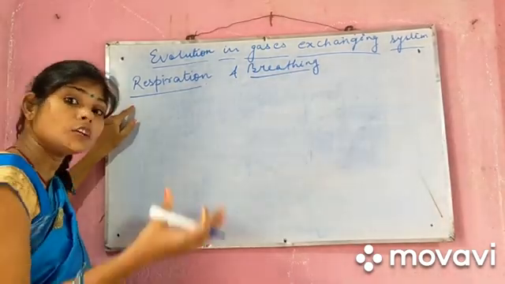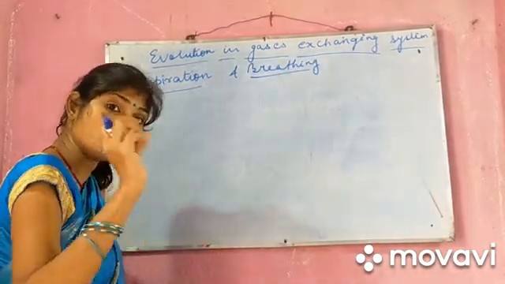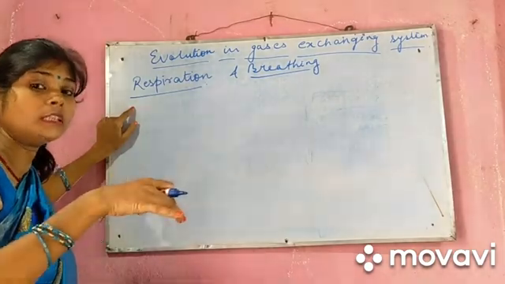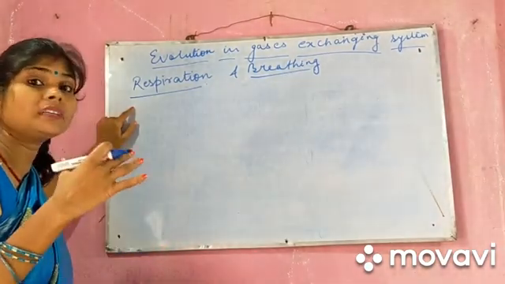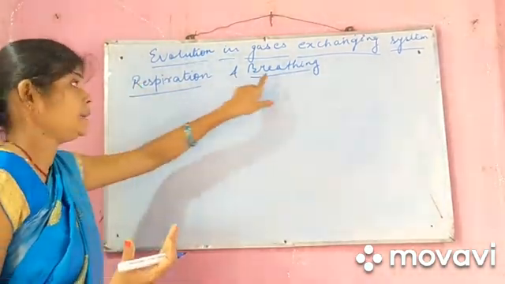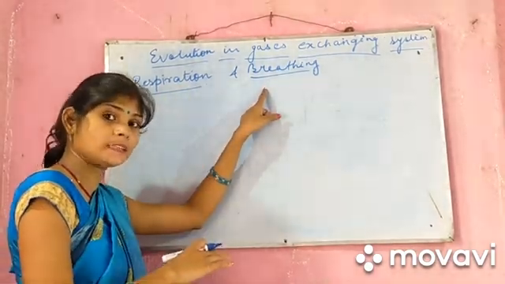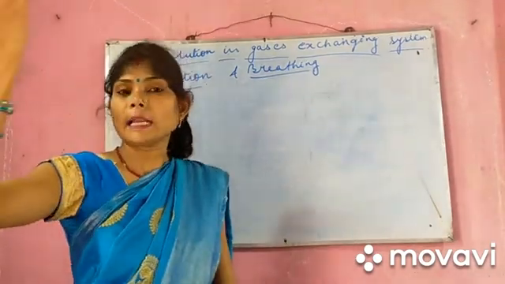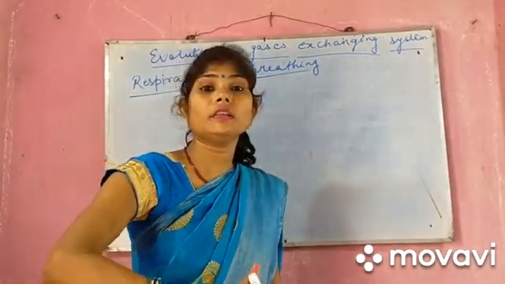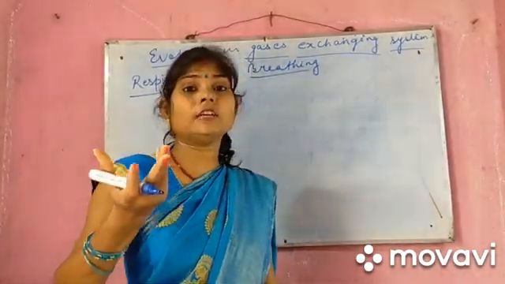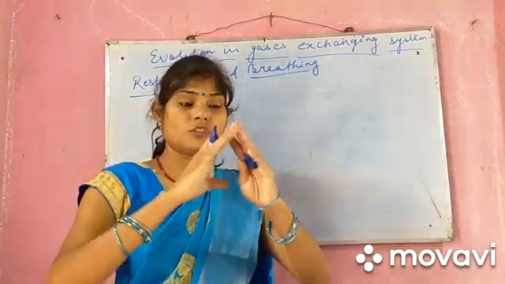Here the glucose is broken down in the presence of oxygen to release energy along with carbon dioxide gas. But breathing is the process in which exchange of gases takes place. When you are taking atmospheric oxygen, then you are releasing carbon dioxide from your body. That means exchange of gases.